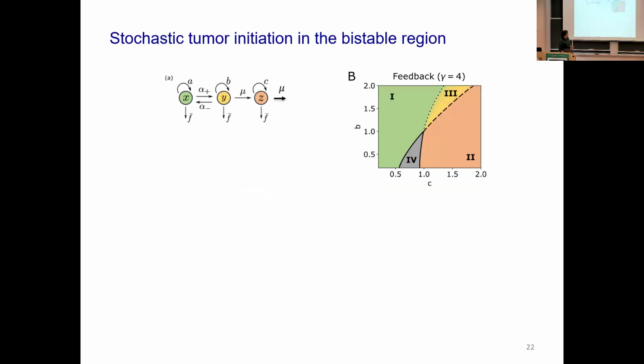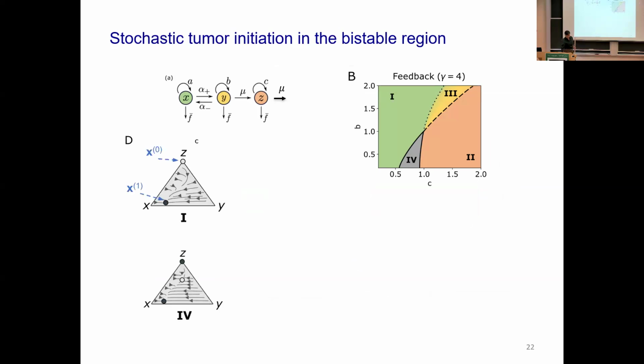So what I wanted to first talk about is the bistable region. Right? So what would happen in this? So again, this is happening without feedback, right? This was, remember, the low Z state without feedback, right? So you have a steady state here. This is unstable. Now you have two stable states.